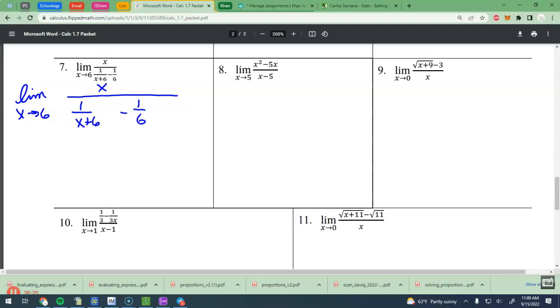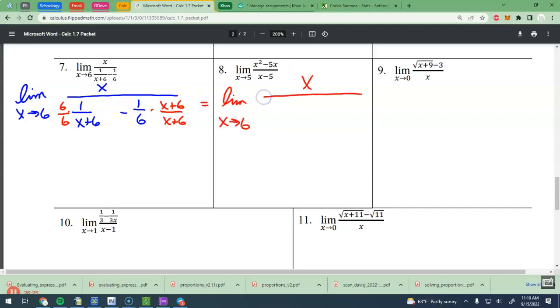Am I gonna do it through this one, or am I gonna wait a little bit first? Okay. So my common denominator is gonna be x plus 6 times 6. So I essentially need to multiply each fraction by whatever's on the bottom of the other fraction over itself. So I'm gonna multiply this by 6 over 6, and this by x plus 6 over x plus 6. So I'll shorten up the steps a little bit this time.